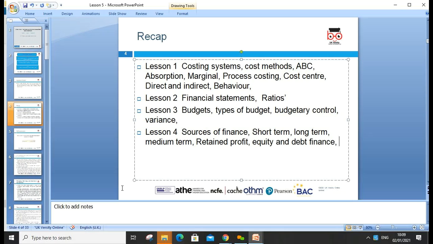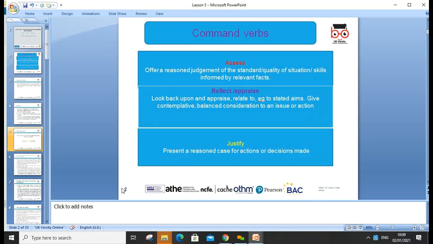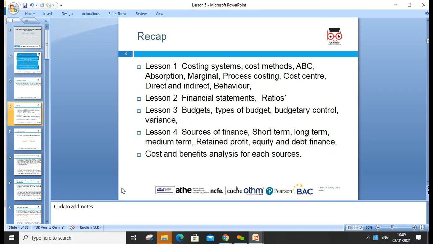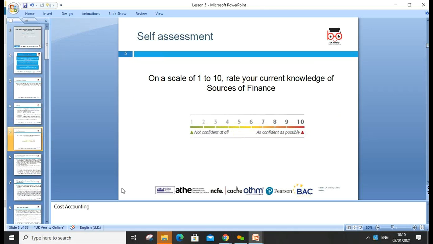So we said always do a cost and benefit analysis of each source. Then you decide which one is best for you and for how long you want to borrow money. That's all we learned during our previous lessons. That's a recap.